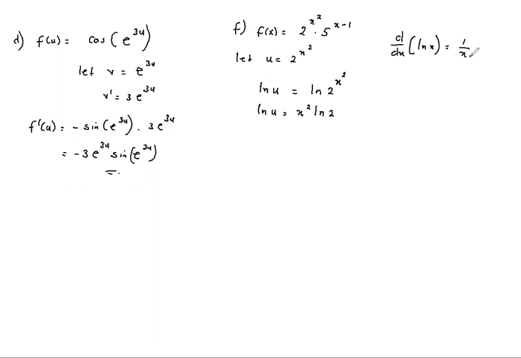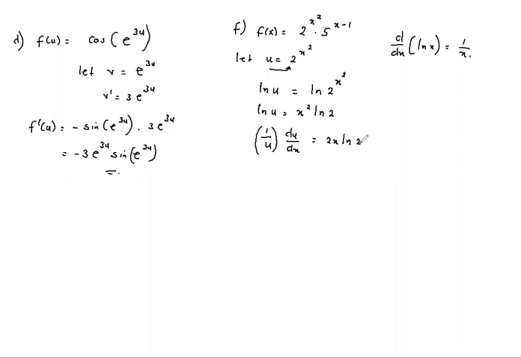So to differentiate ln u, we'll say 1 over u multiplied by du dx. This is to show that u was actually a function of x. And then we differentiate on the right with respect to x. So x squared will give us 2x, and then ln 2 is just a constant.